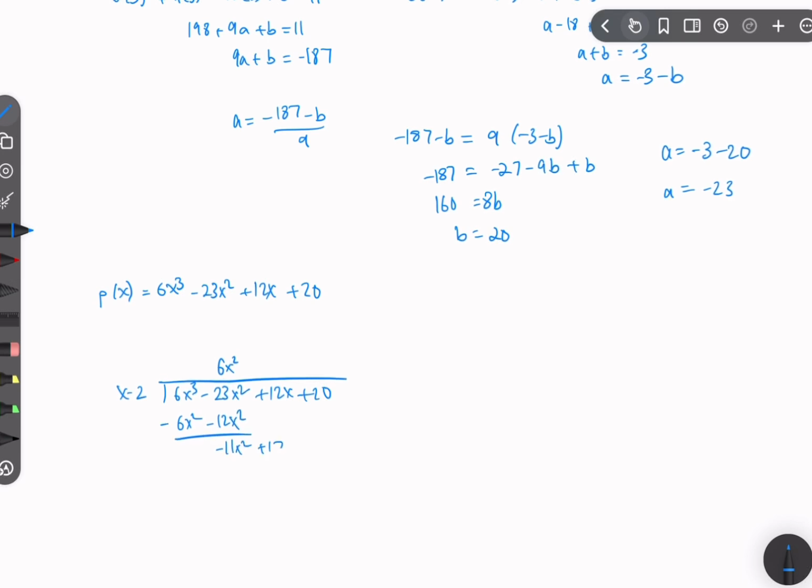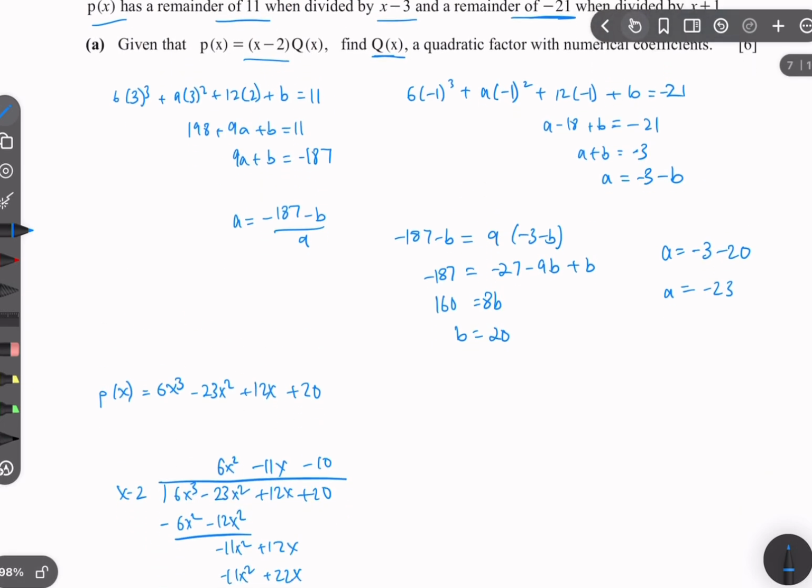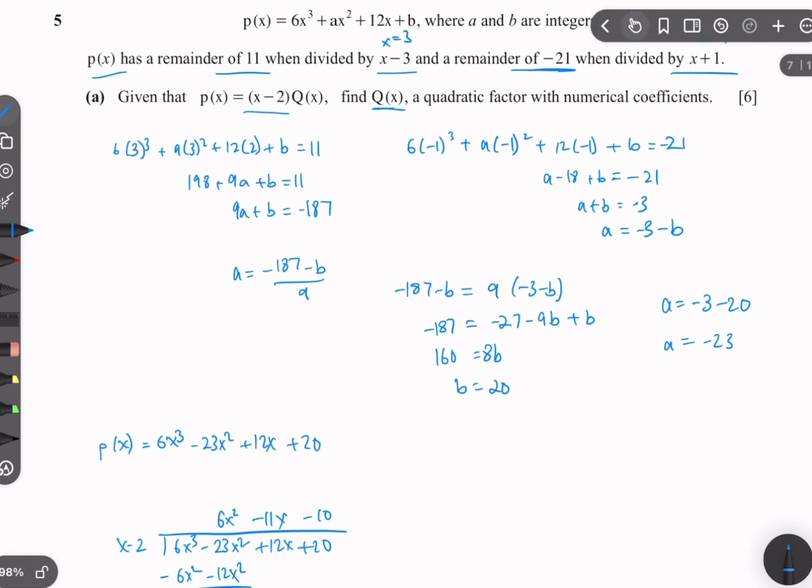Okay, we have to minus. And the remainder will be 0, so we have q(x), and this is obviously a quadratic, and the question states that it's a quadratic factor, so it should be correct.